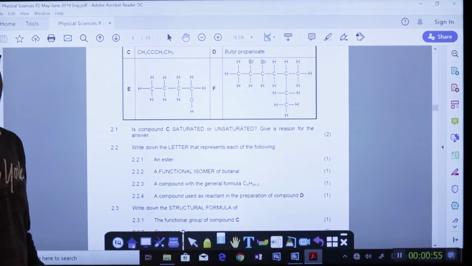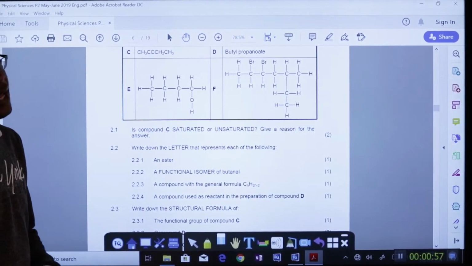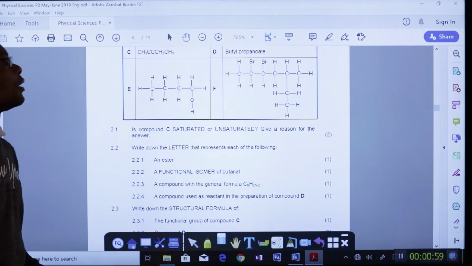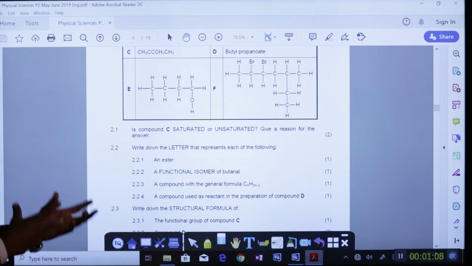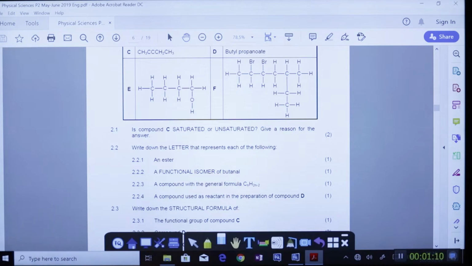We were using the May-June 2018 past paper as a reference to see how we apply the information, and how we attach the appropriate or necessary interpretations as required by the examination board for our matric examination.